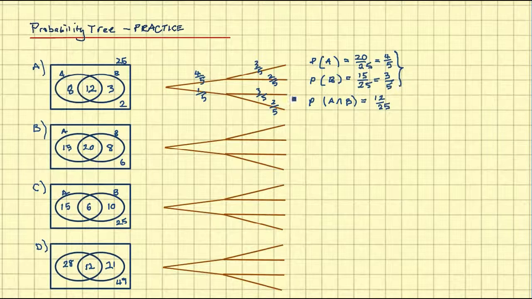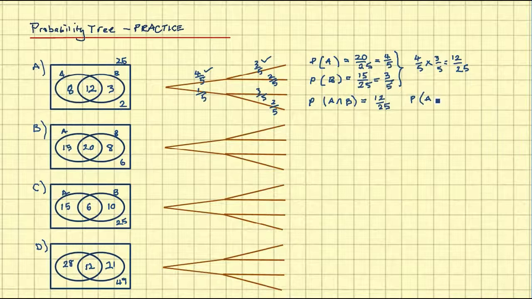And what I could have done, and a good way of checking, is I can multiply these two branches here on my probability tree diagram. So I get 4/5 times 3/5, and I should get the same result. 4 times 3 is 12 over 25. Okay.